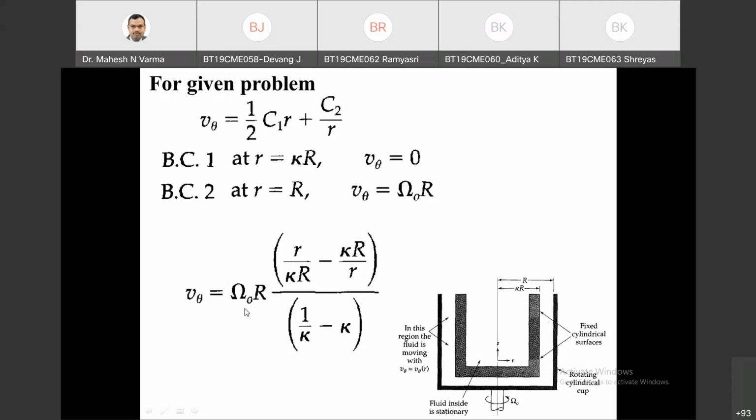How many of you are getting this velocity profile equation? Got it, got it, got it.